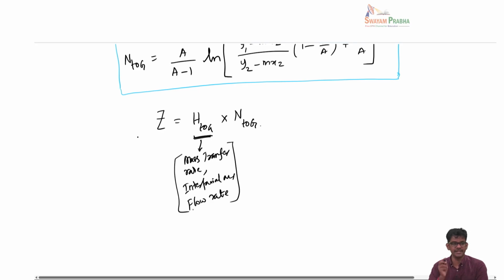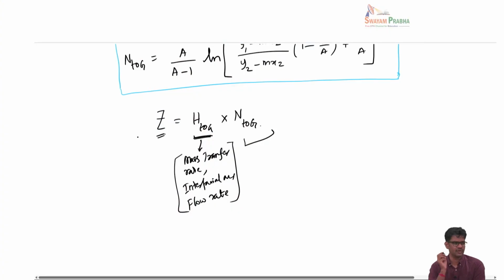All these variables enter the calculation of the height of the column through the height of a transfer unit, whereas the equilibrium line and operating line properties enter through the number of transfer units term. Whenever you design this column height, you calculate the HTU and then you calculate NTU. The product of that determines the total height of the column.